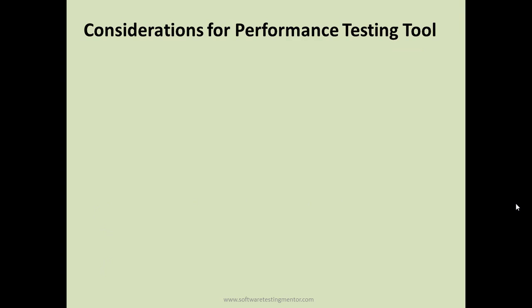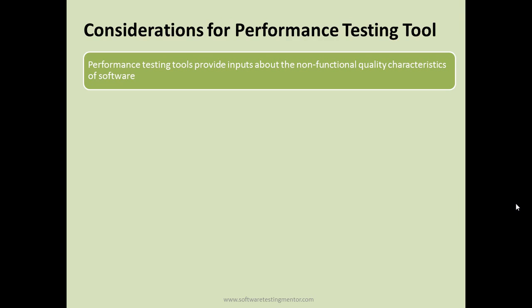Then, what are the considerations for performance testing tools? Performance testing tools provide inputs about the non-functional quality characteristics of software, not how the functionality works, but characteristics like throughput and response time.